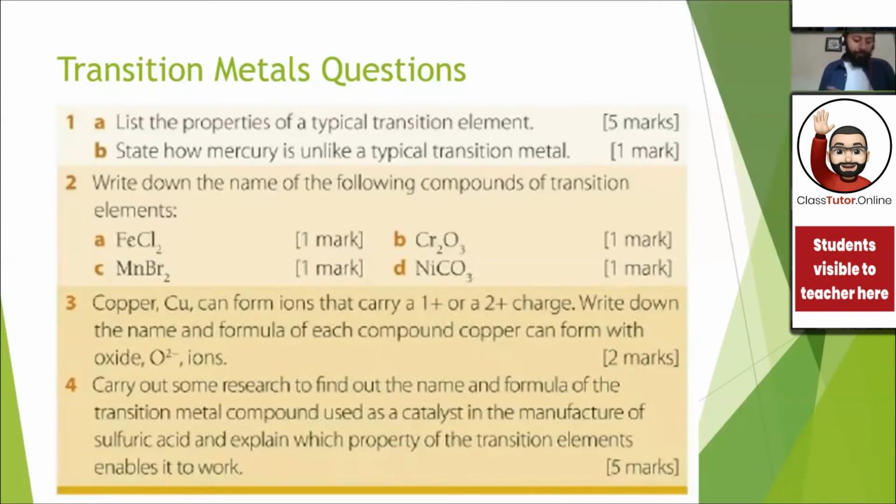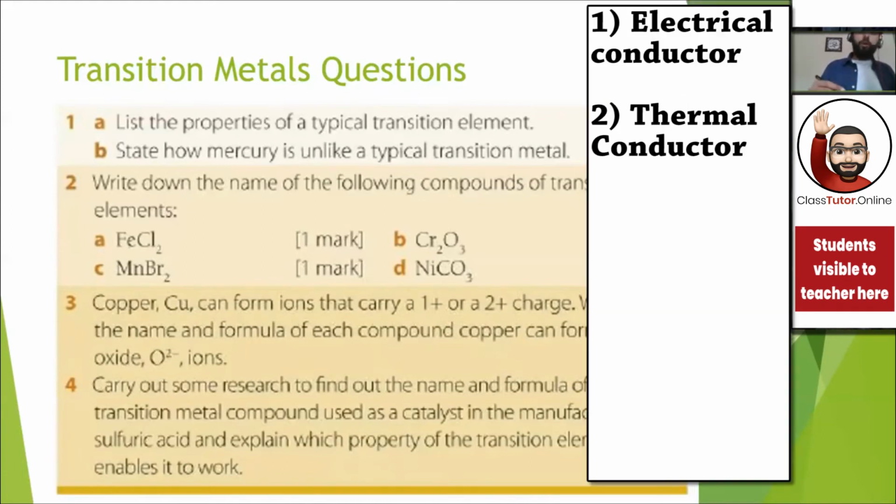Some of the things that all these transition elements have is that they're all electrical and thermal conductors. You can put that as 2 separate points: electrical and thermal conductors.